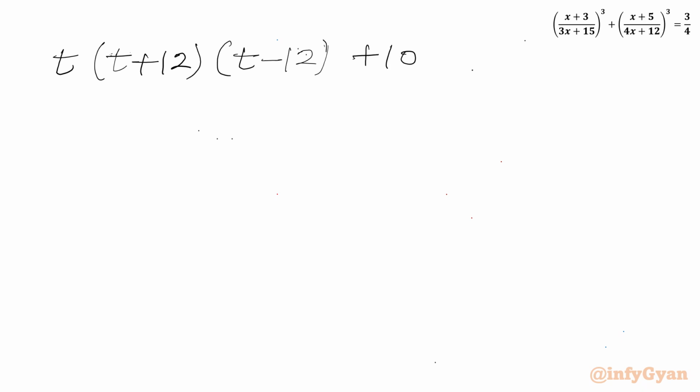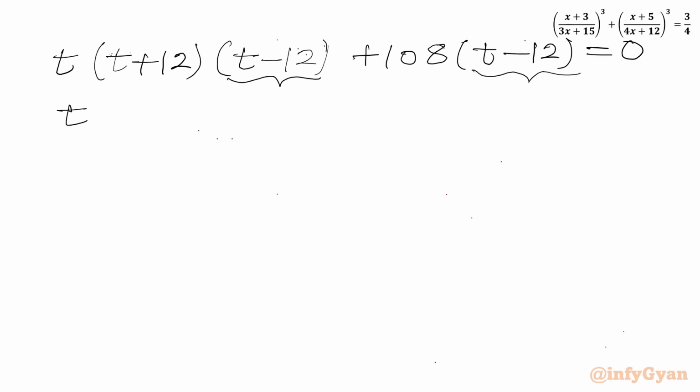So we can write our equation will become t times t plus 12 times t minus 12 plus 108 times t minus 12 equal to 0.